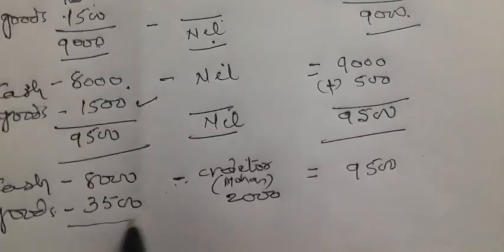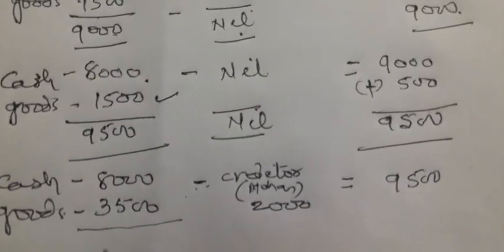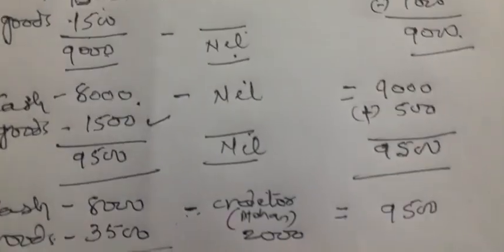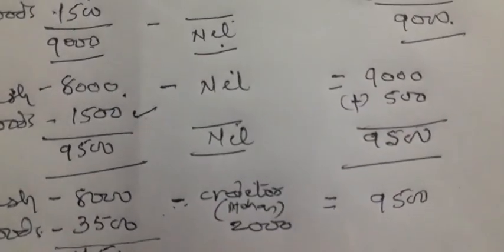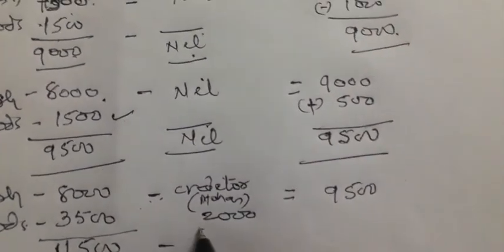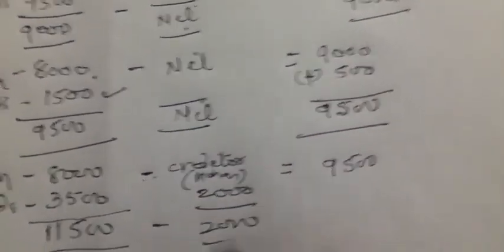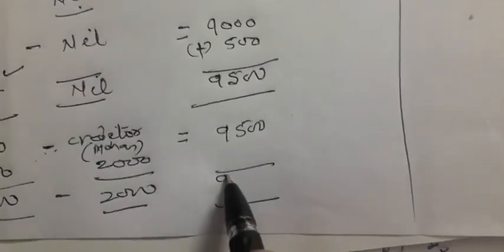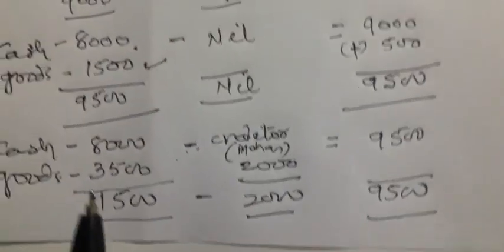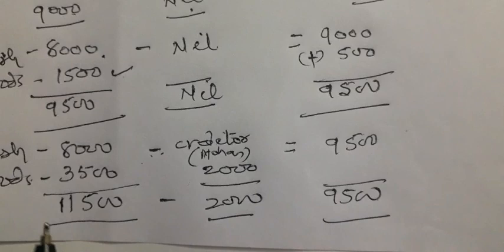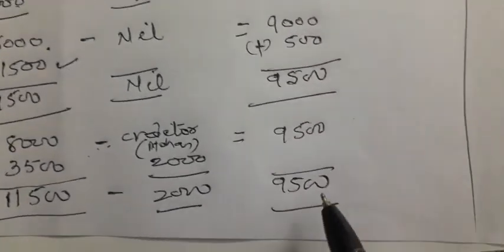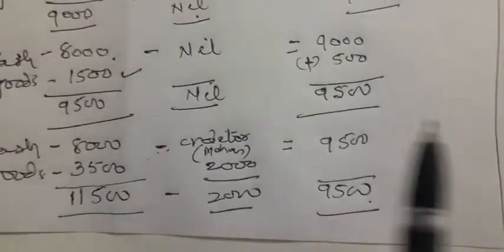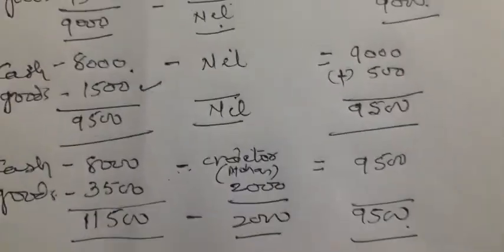So total of assets is coming to 11,500. Total of liability is 2,000, and total capital is 9,500. So 11,500 minus 2,000 is equal to 9,500. Left hand side is equal to right hand side.